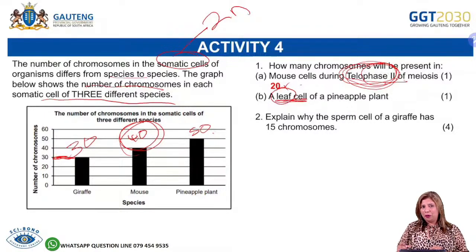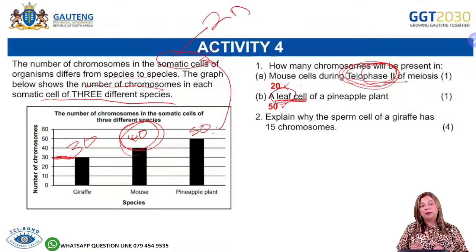So if it's involved in photosynthesis and carbon dioxide oxygen exchange, it is not involved in reproduction. If it is not involved in reproduction, the chromosome number will be the same because they are somatic cells. So it would remain as 50. Do you see how they can trick you? So you need to pay attention.